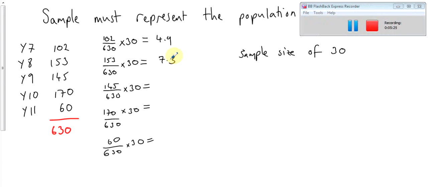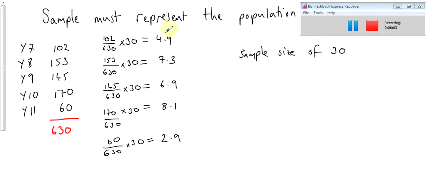And then I've got 145, which gives me 6.9, 170, that's 8.1, and finally I've got my 60. And that is 2.9.